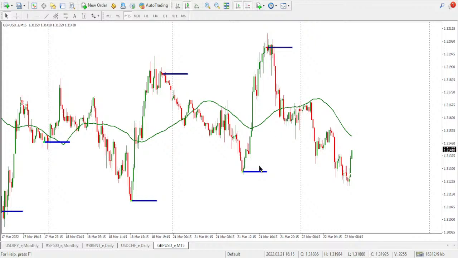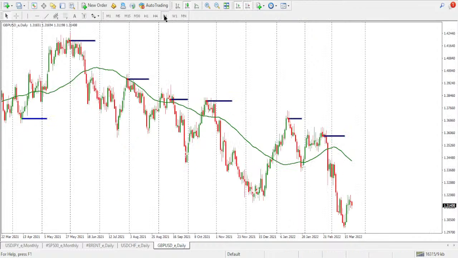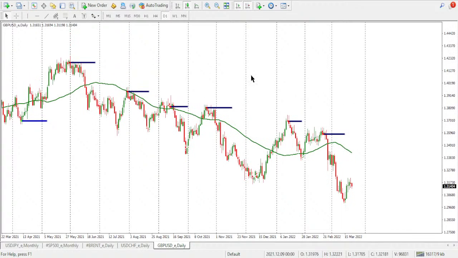We have a very good support. We have support and resistance levels which are really useful. We have a very good resistance here, and then we have another resistance here. There's another level here, which is where we expect price to pull back up to. The price is already there.